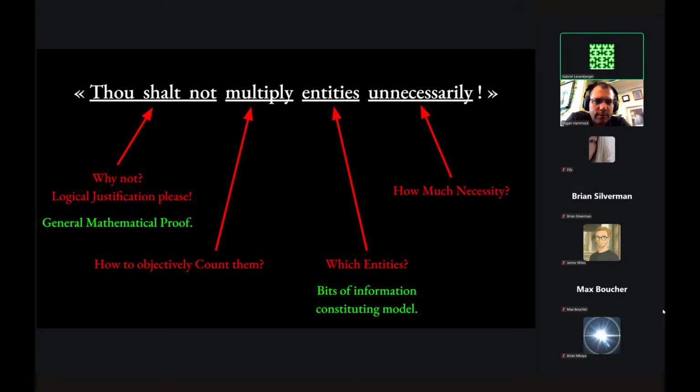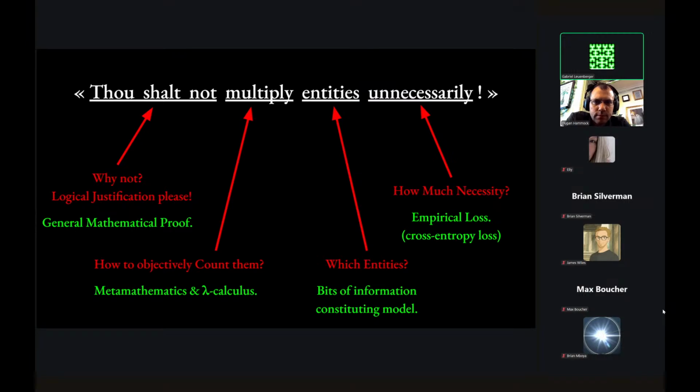For how to objectively count them, that's pretty much the previous slide. You can go through metamathematics and lambda calculus, like I've argued for a long time. And how much necessity, that's basically the minus log of the probability that your model is going to produce the correct prediction.